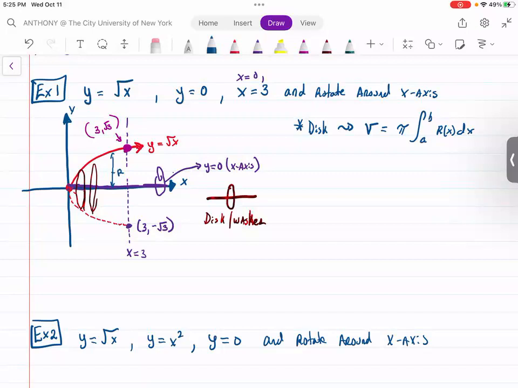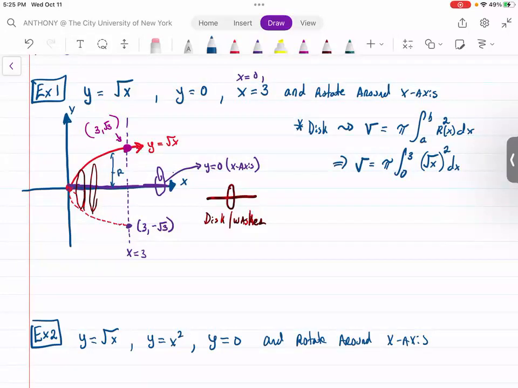So for the volume, we say that V is equal to pi times the integral from 0 to 3 of R of x, which is the square root of x, dx. Now, one thing that I forgot to do because I was thinking of both methods: in your disk method, you have to say R squared. So what I really have is the square root of x raised to the second power dx.